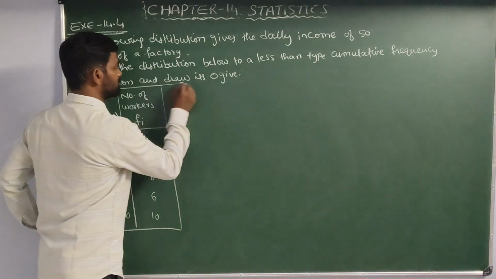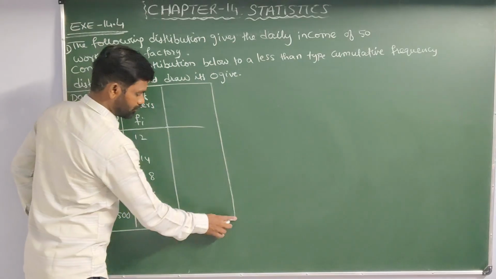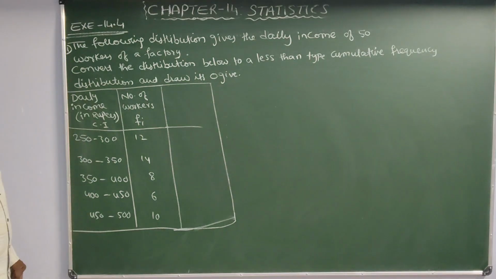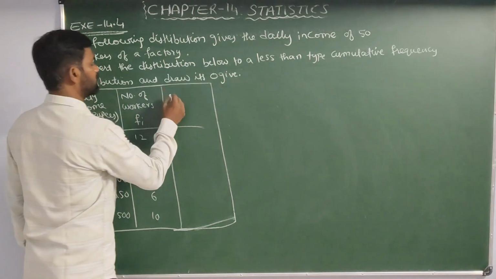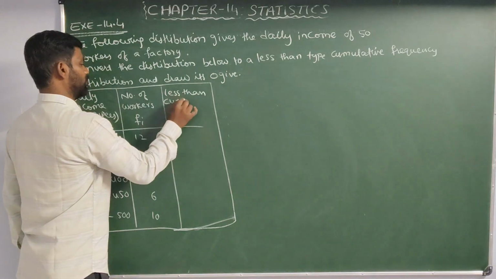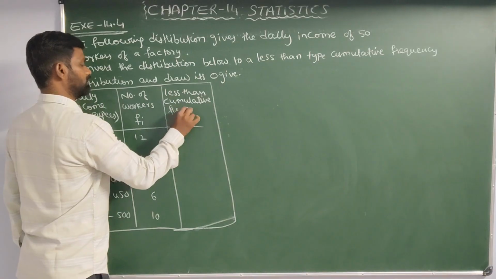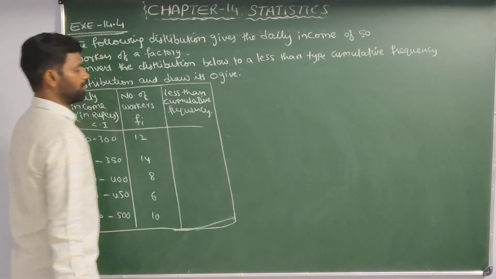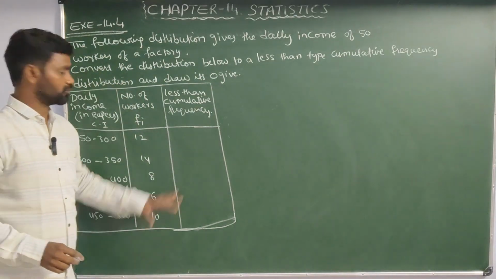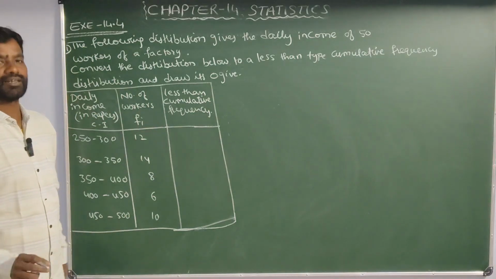Now we are going to change this frequency distribution into less than cumulative frequency. Already you have studied how to find the median. While finding the median, the first two columns are given, and in the third column we write cumulative frequency. But here we are writing the less than cumulative frequency.